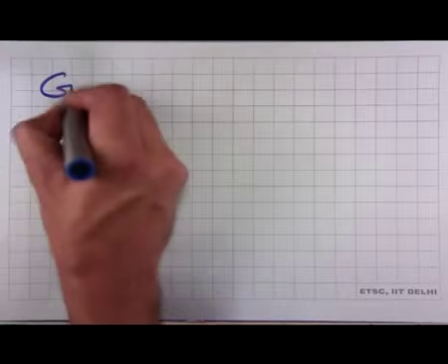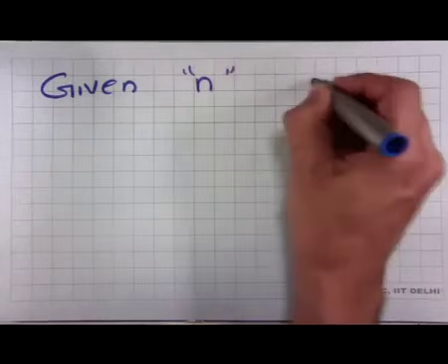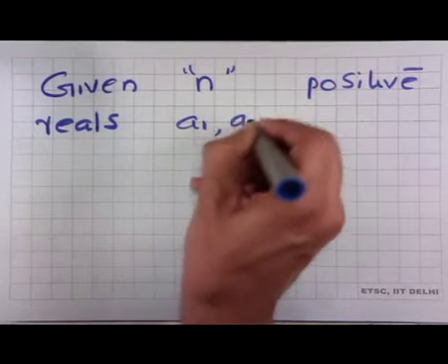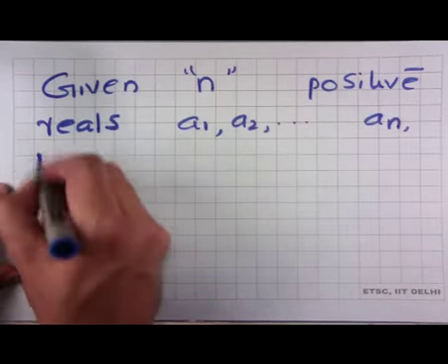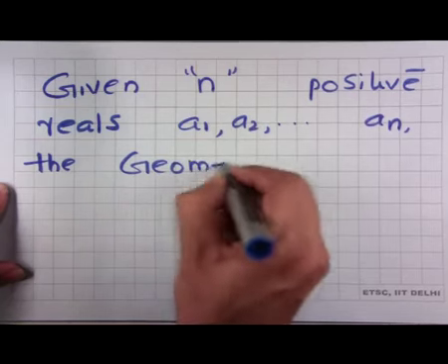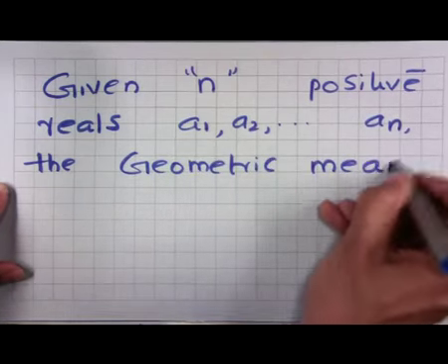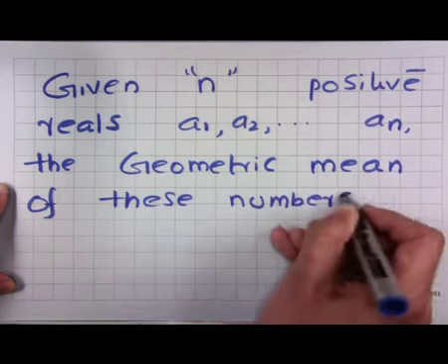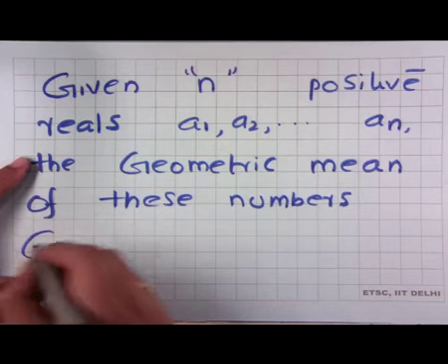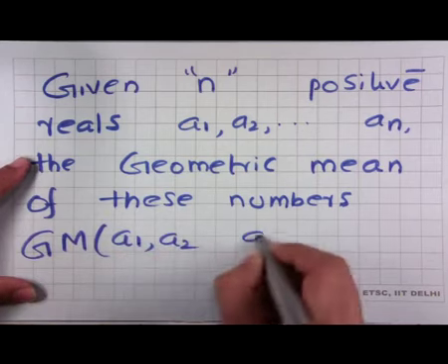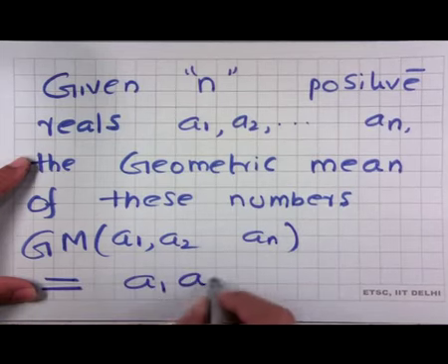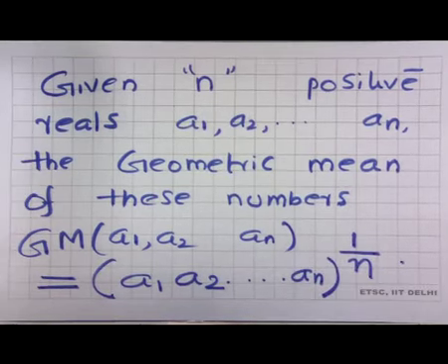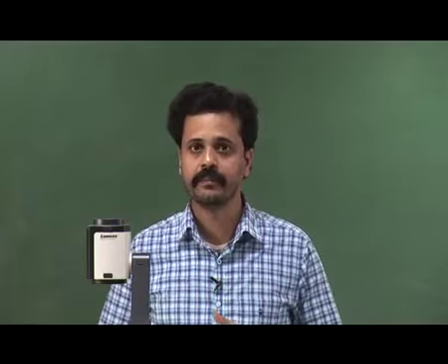Similarly, given n positive reals, a1, a2, so on, an, the geometric mean of these numbers is defined as follows: GM of a1, a2, etc. an is equal to the product a1 a2 a3 etc. an to the power 1/n. That is, the nth root of the product of the numbers.